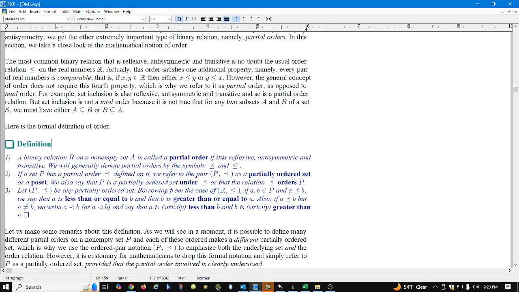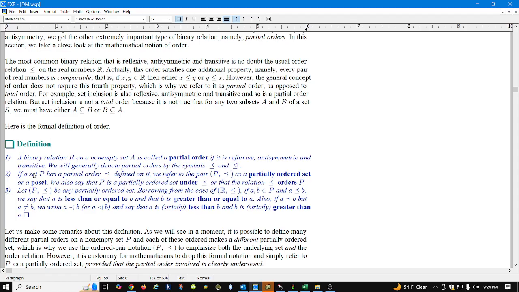They resemble the less than or equal to symbol. And frankly, in many books, they will just use the less than or equal to symbol. But since this is a beginning course and introduction to order, I'm going to choose slightly different symbols. And sometimes we'll be talking about two ordered sets at the same time, so I want two different symbols.